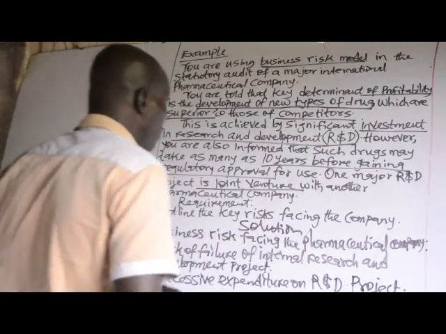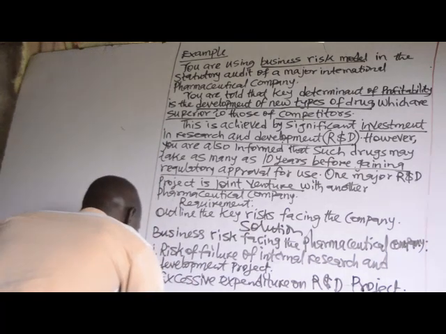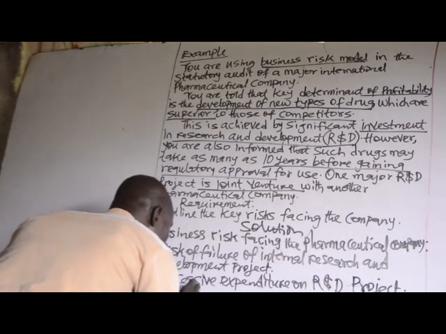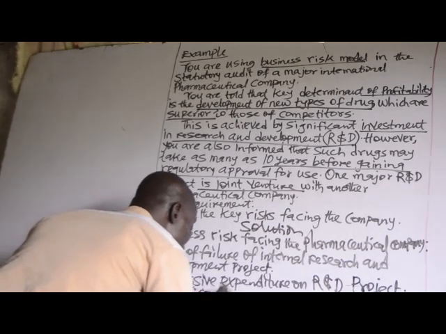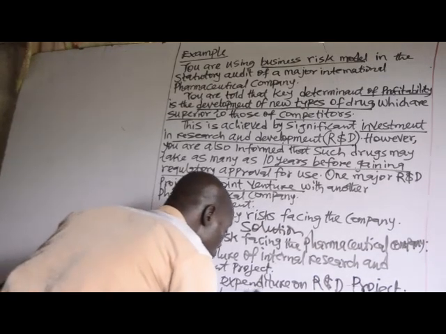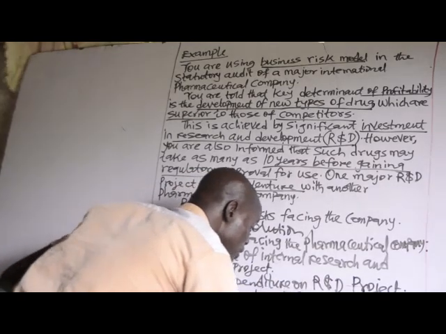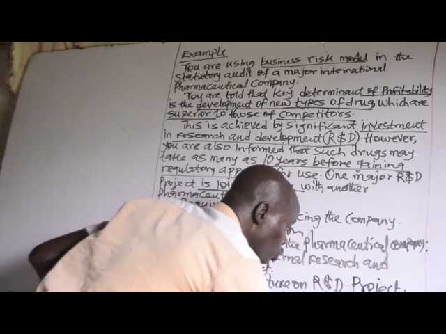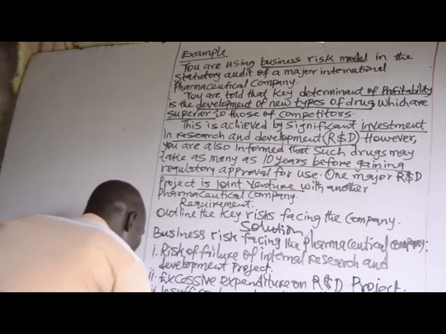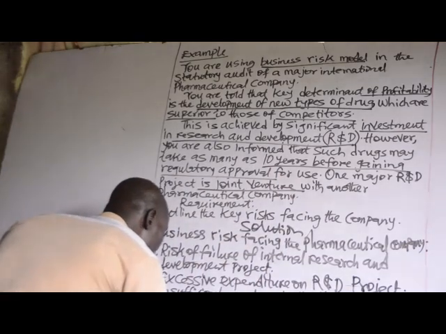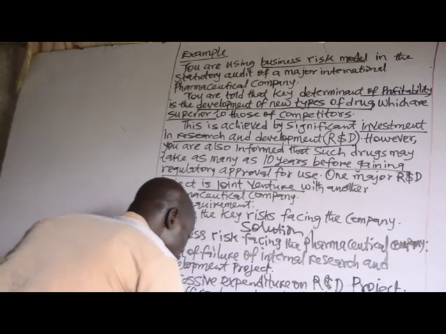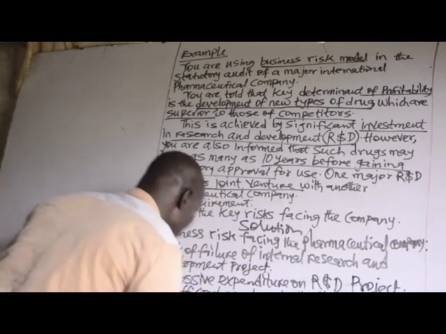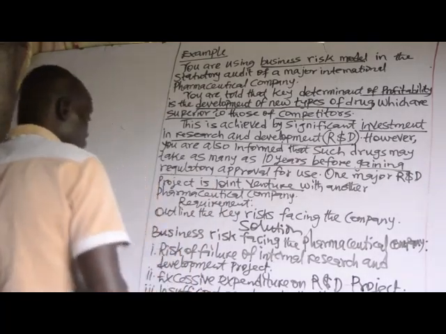Number 3, insufficient new drugs in the pipeline to sustain profitability. That is also a risk to the entity.